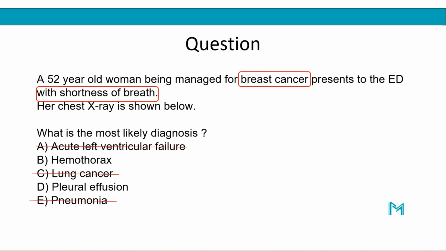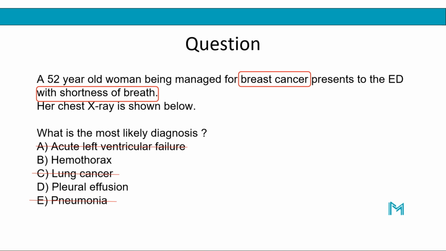Now that leaves us with hemothorax and pleural effusion. Hemothorax is blood in the thoracic space, and blood is fluid, and it will have a similar appearance on the chest X-ray as any other fluid. So in this patient, we are kind of torn between pleural effusion and hemothorax. But with hemothorax, typically there is always evidence of some trauma.